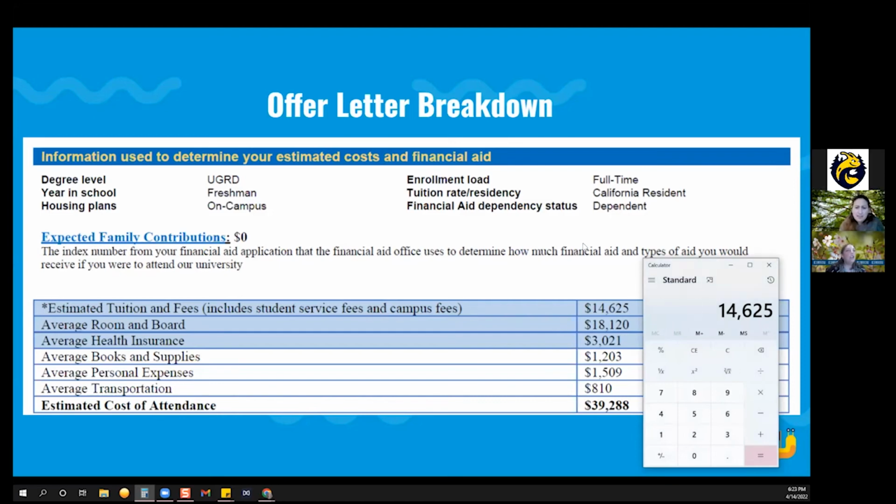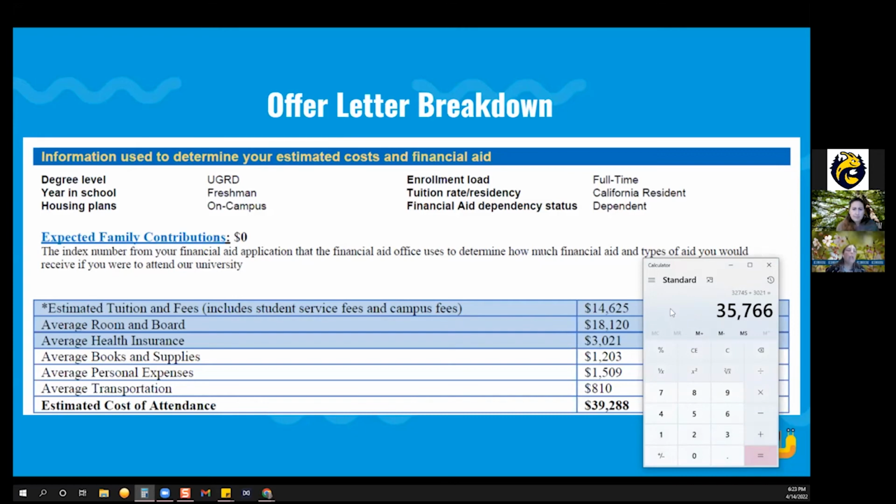And then if you're living on campus, you're also going to receive a bill from housing, depending on what your housing contract is. It could be more, it could be less than this. This is just an estimate based, like I said, on a 2% occupancy, and then health insurance.